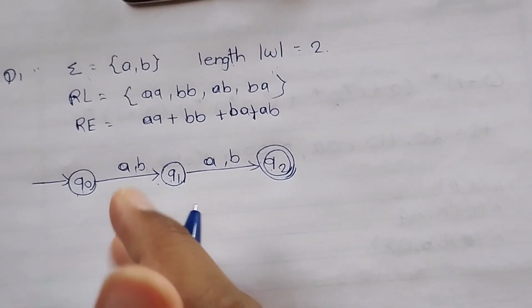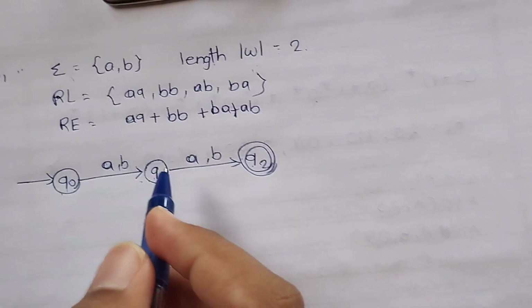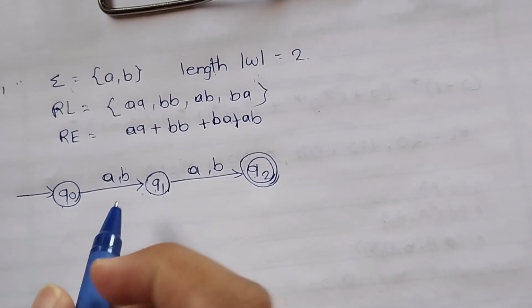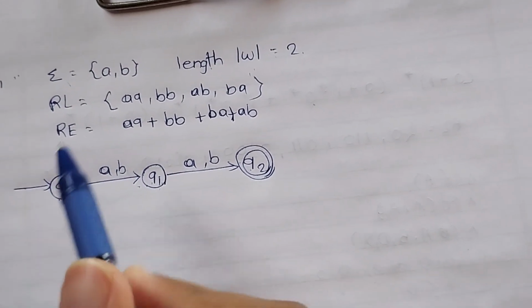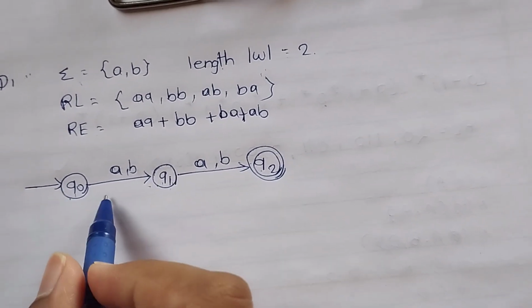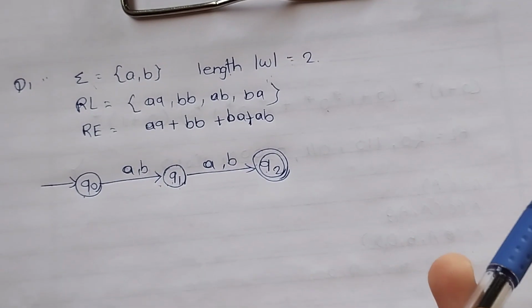At one time a variable passes from one state to another only a single time. If it goes multiple times, then this is an NFA, not a DFA. So this is the final DFA for this statement.